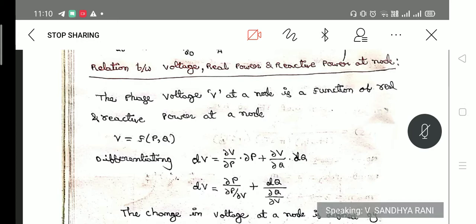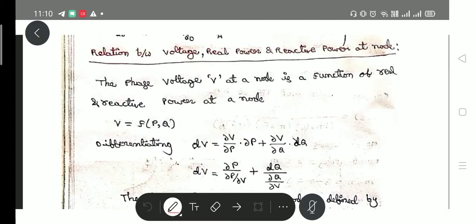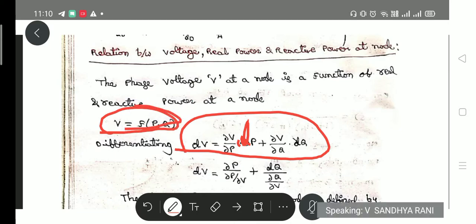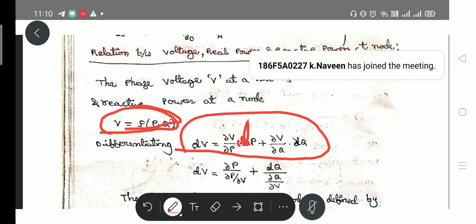So we can differentiate this one and get the formula like this: dV is equal to dou V by dou P into dP, plus dou V by dou Q into dQ.